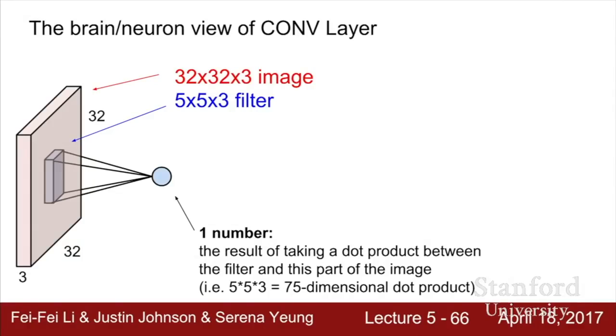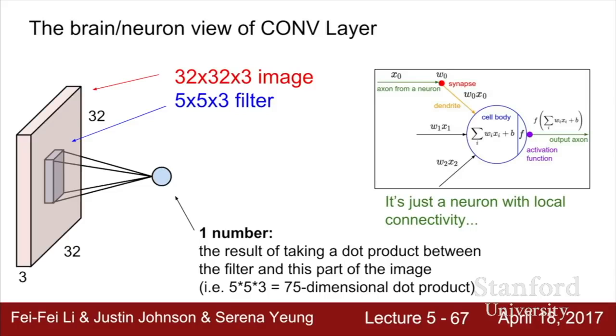Okay, so now let's look at the brain neuron view of a convolutional layer, similar to what we looked at for neurons in the last lecture. At every spatial location, we take a dot product between a filter and a specific part of the image, and we get one number out. This is the same idea of taking your input, weighting it by these W's, the values of your filter, the weights that are the synapses, and getting a value out.